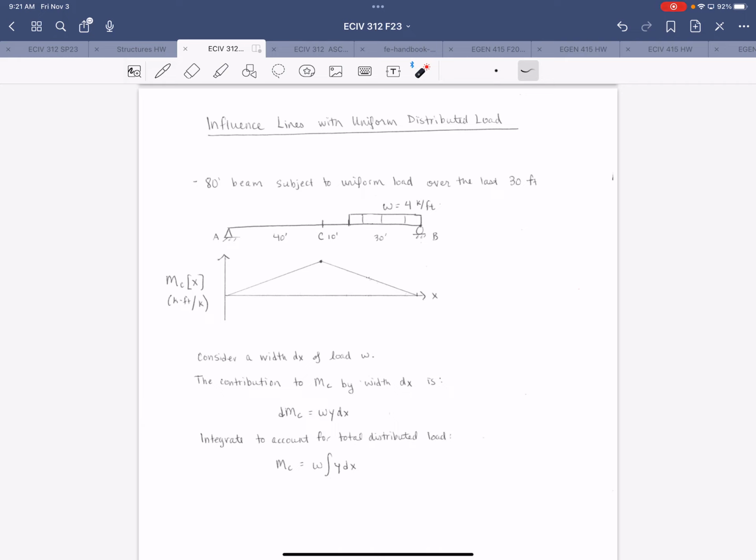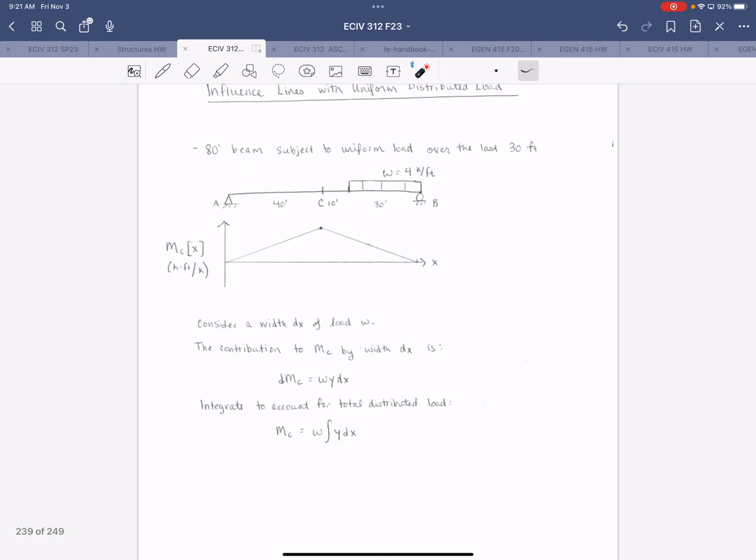So we'll consider an 80-foot simply supported beam, pretty much just what we have been focusing on since the beginning of this lecture and the examples. And let's see what we would do if we were considering a uniform load over just the last 30 feet of that bridge.